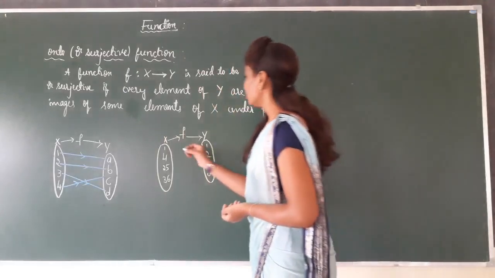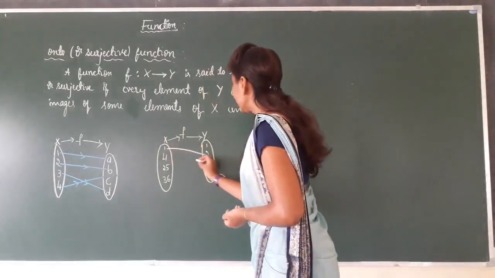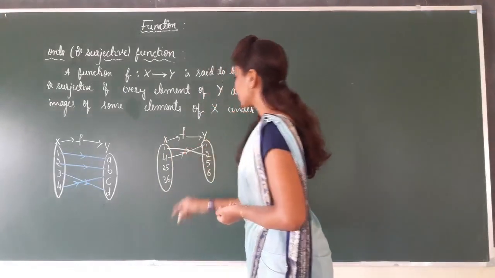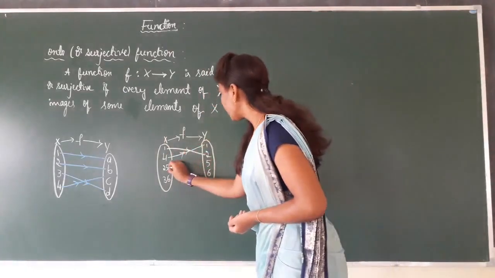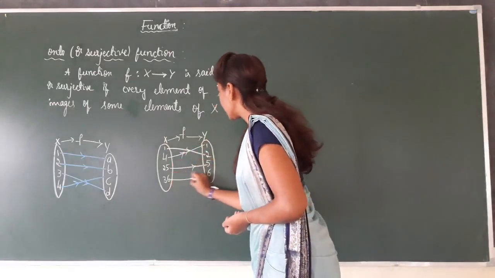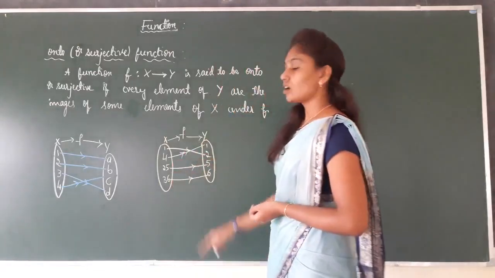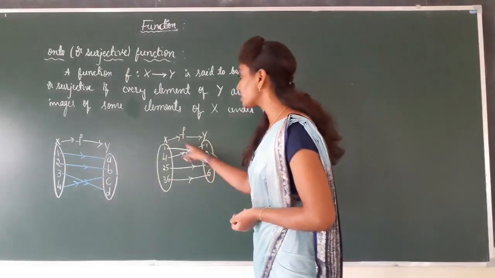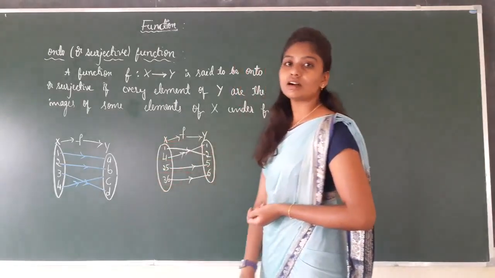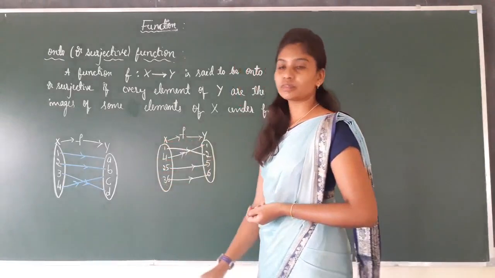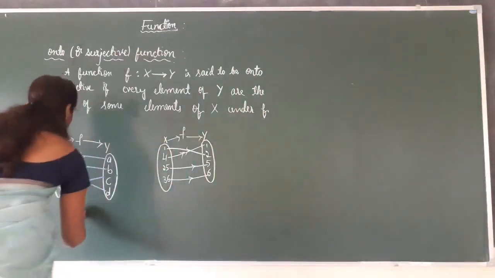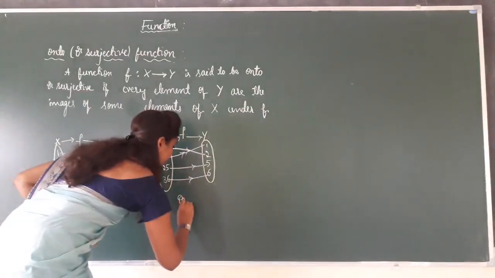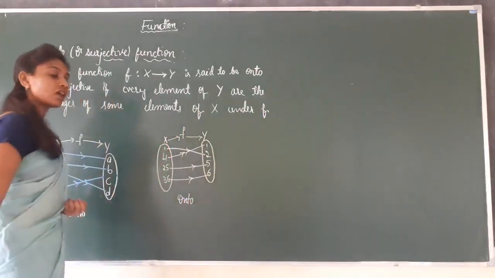So 1 is mapped to the element 2, 4 is mapped to the element 1, 25 is mapped to 5, 36 is mapped to 6. All the elements of the set Y are images of some element of X under the function f. So this is also onto function.